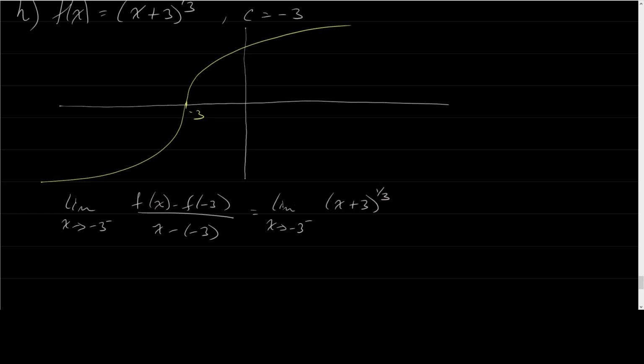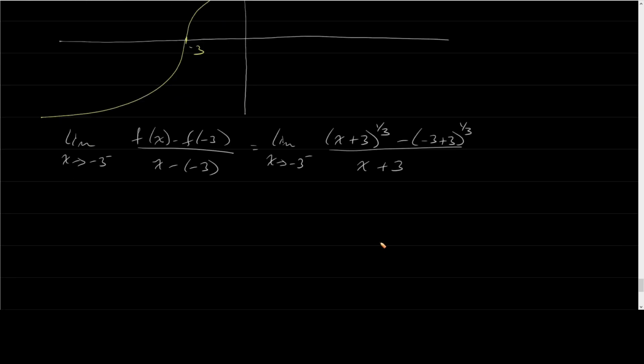That's our f of x, minus -3 plus 3 to the 1/3, right? That's me plugging -3 into here. All of this over x plus 3, all right? And at that point, well, let's simplify that a little bit. -3 plus 3 is 0.